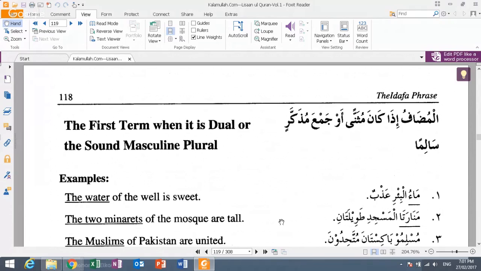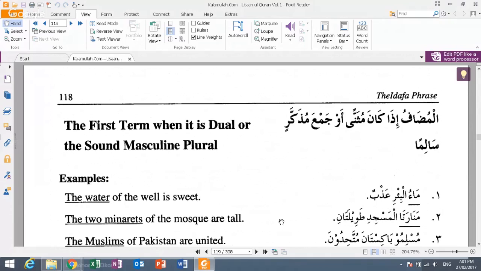What will happen? That noon will be dropped. So Rajul al-Bayti, Rajul al-Masjidi, Rajul al-Qarya, for anything. Clear? Rajul al-Madinati. So you are going to drop the noon.